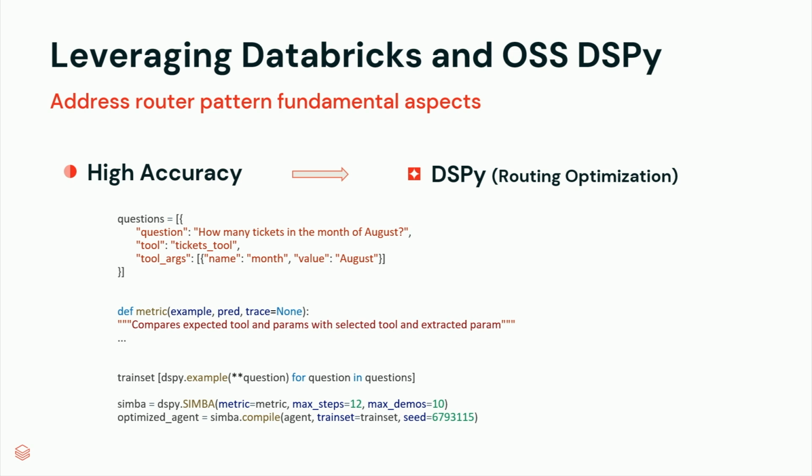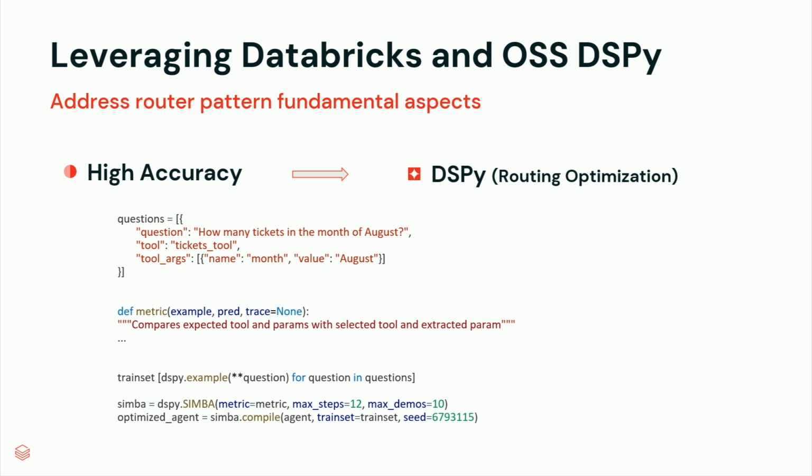The way then you use DSPy is very simple. You transform your list of dictionaries into a DSPy example, and instantiate Simba, passing the evaluation function, telling it how many iterations it should take, and what's the max number of future examples or demonstrations that you want to add.